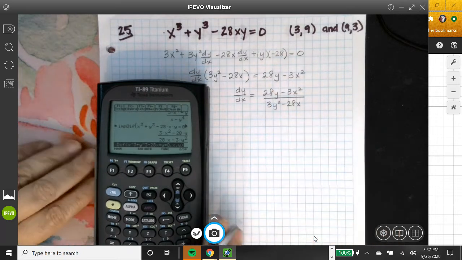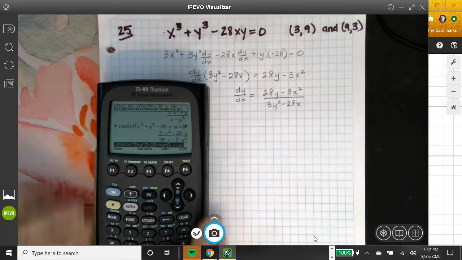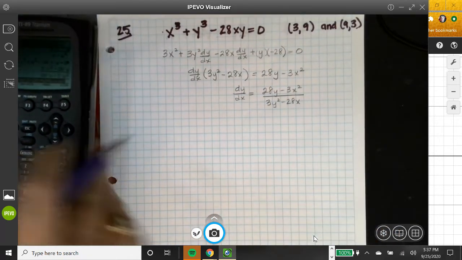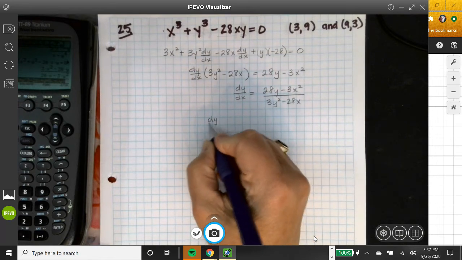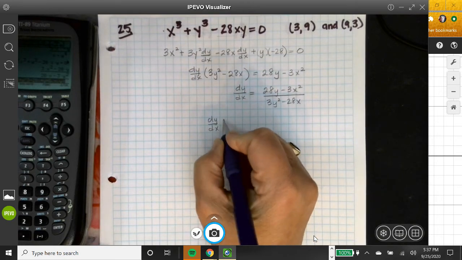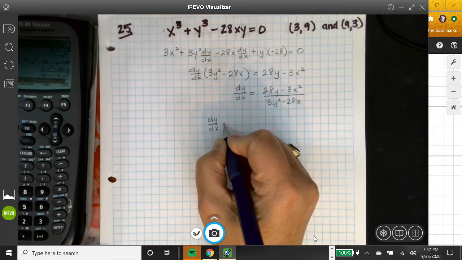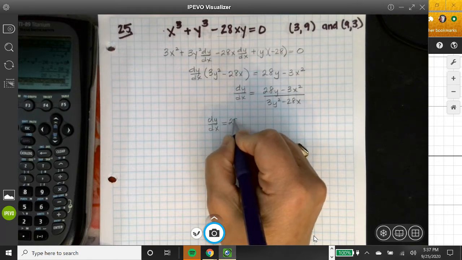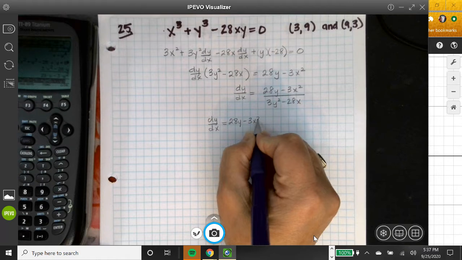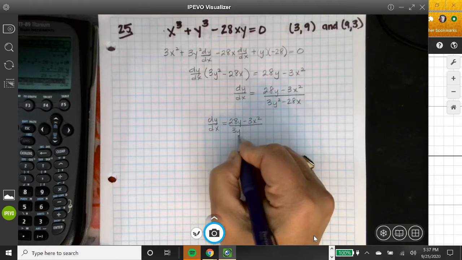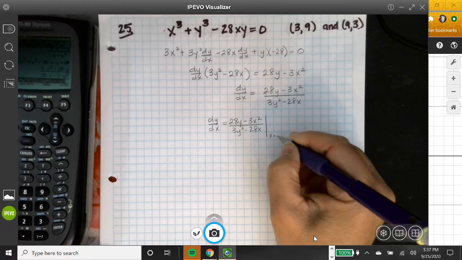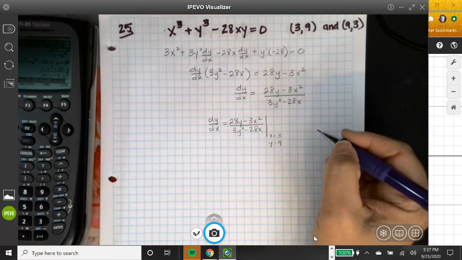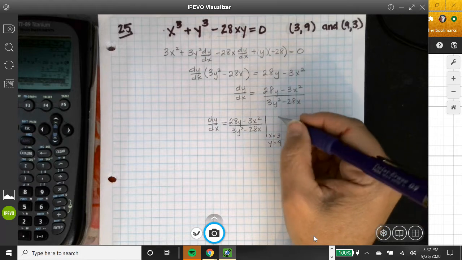All right, but now I need the slope at 3, 9. So I'm going to say dy dx equals 28y minus 3x squared over 3y squared minus 28x, such that x equals 3 and y equals 9. And we're going to plug that in.